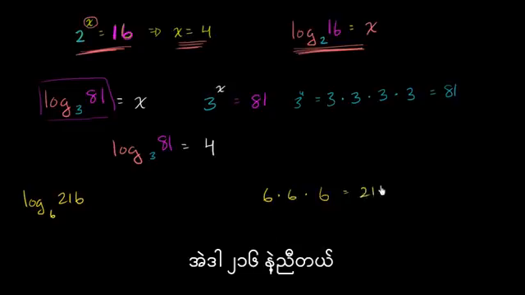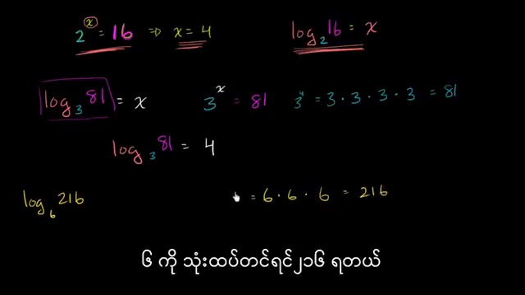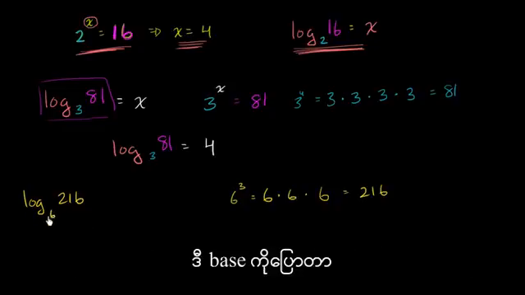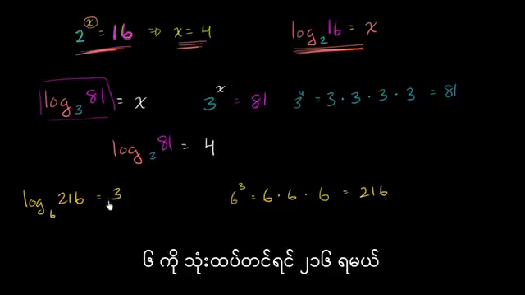So 6 to the 3rd power is equal to 216. So if someone asks what power I have to raise 6, this base here, to get to 216, that's just going to be equal to 3.